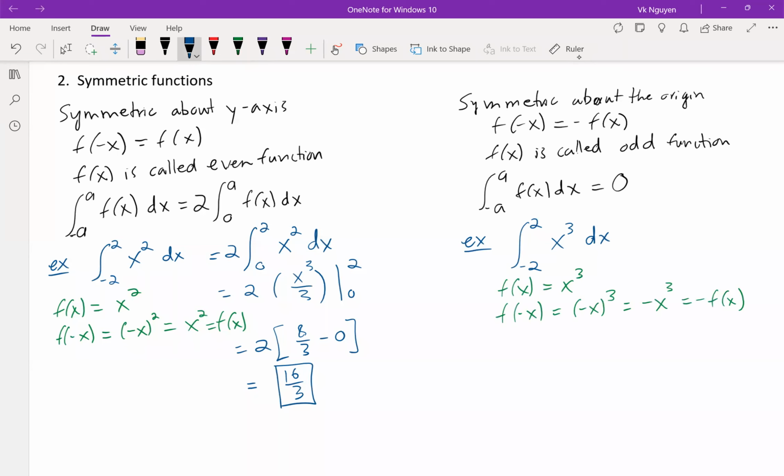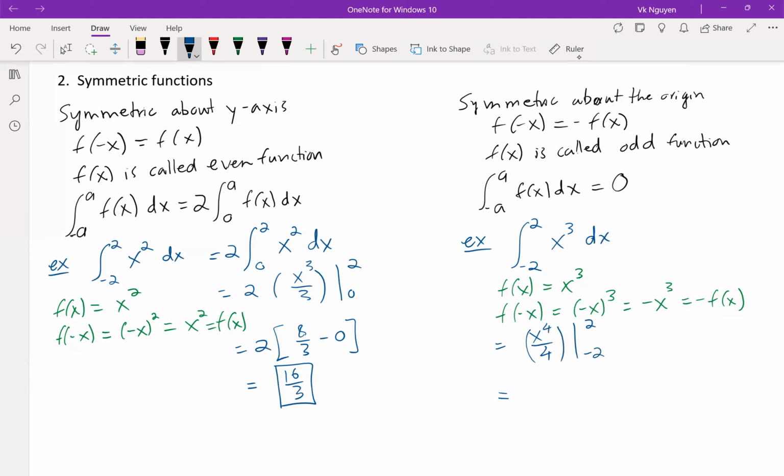I'm going to actually evaluate this thing and show that it is 0. Okay. The antiderivative of x to the 3 is x to the 4 over 4, from negative 2 to 2. Right? So what do we have here?